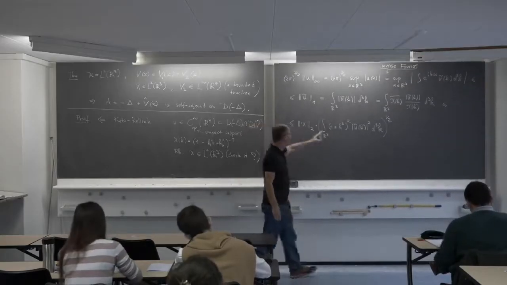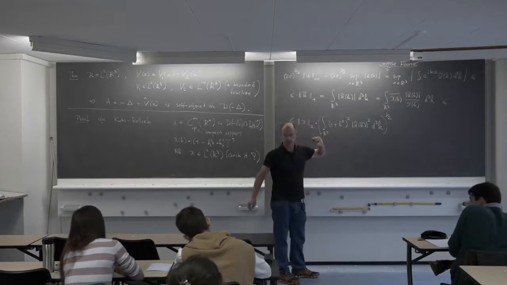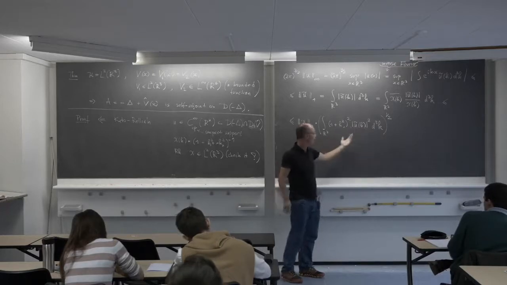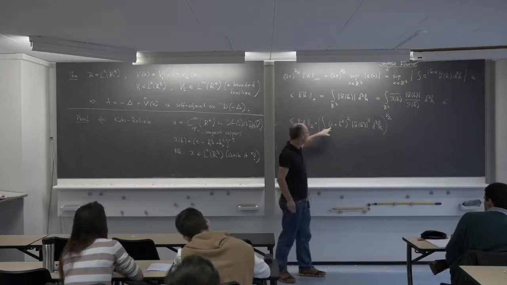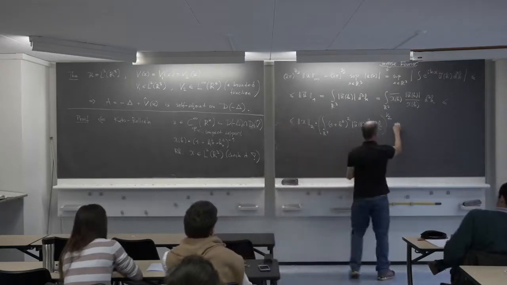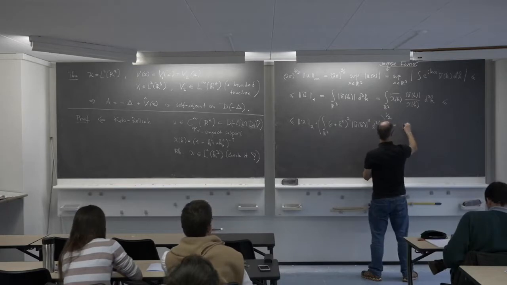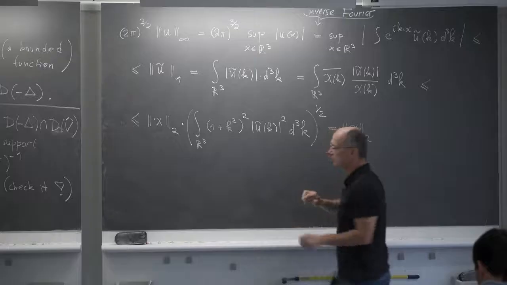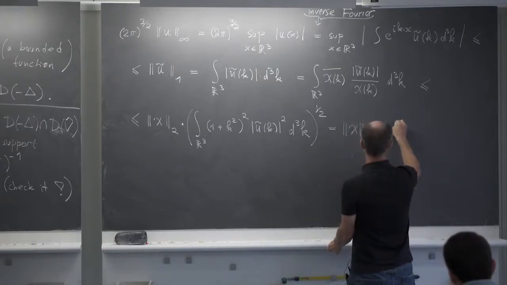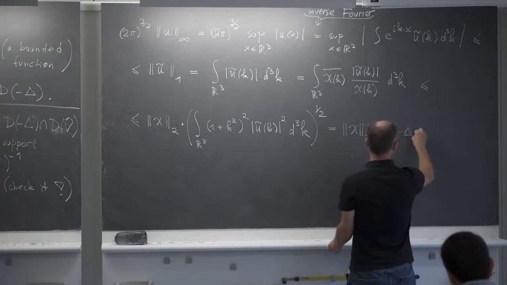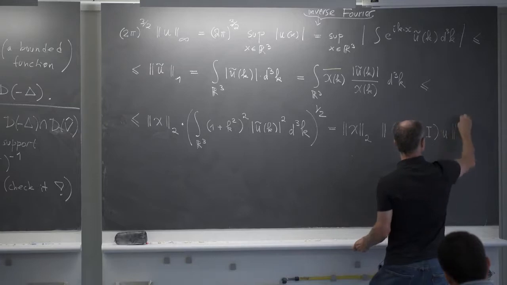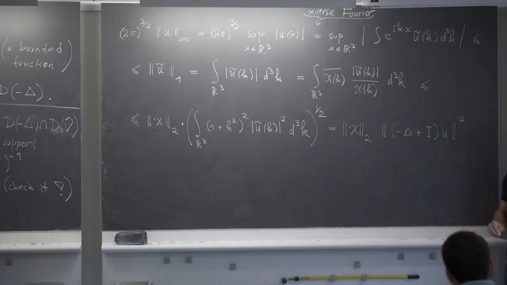Now let me recall. So what is this thing? It looks like a norm of some vector. And what is that vector? It's U tilde of k times 1 plus k squared. So let me rewrite it in the following way. This is the norm of chi, and here this is minus delta plus 1 acting on u squared.